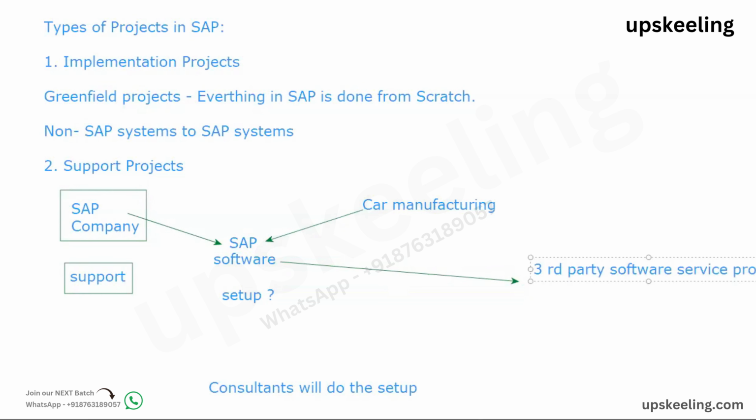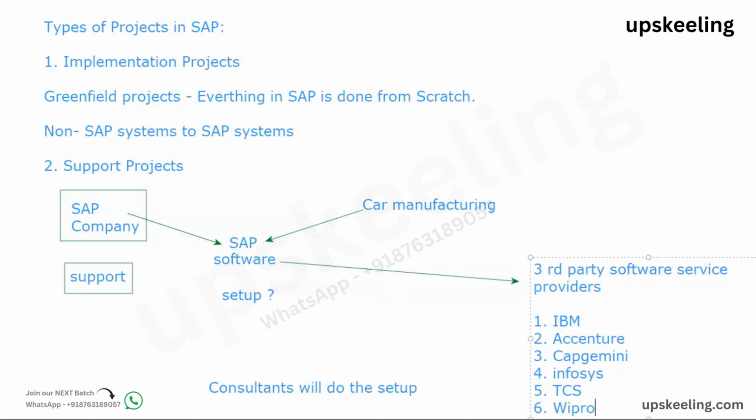Who are those? Companies like IBM, Accenture, Capgemini, Infosys, TCS, Wipro.